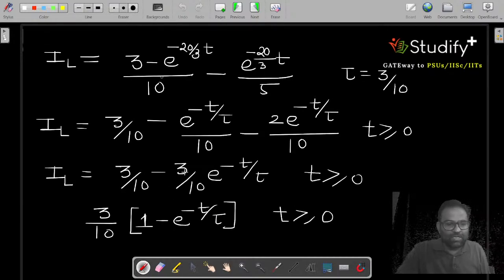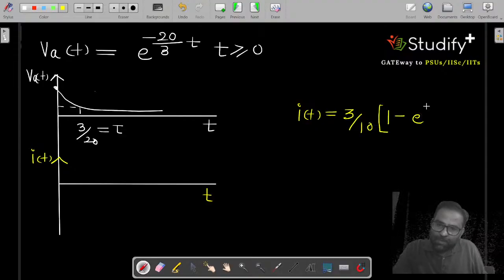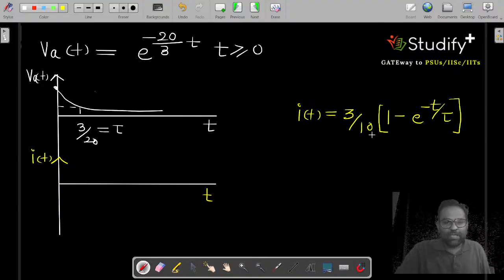The current across the inductor is given by 3 by 10 into 1 minus e to the power minus t by tau, where tau is known. So what is the value of current at t equal to 0? At t equal to 0, the current is 0. And when t approaches infinity, the current is 0.3 ampere. So 0.3 ampere is the current you will have in steady state.